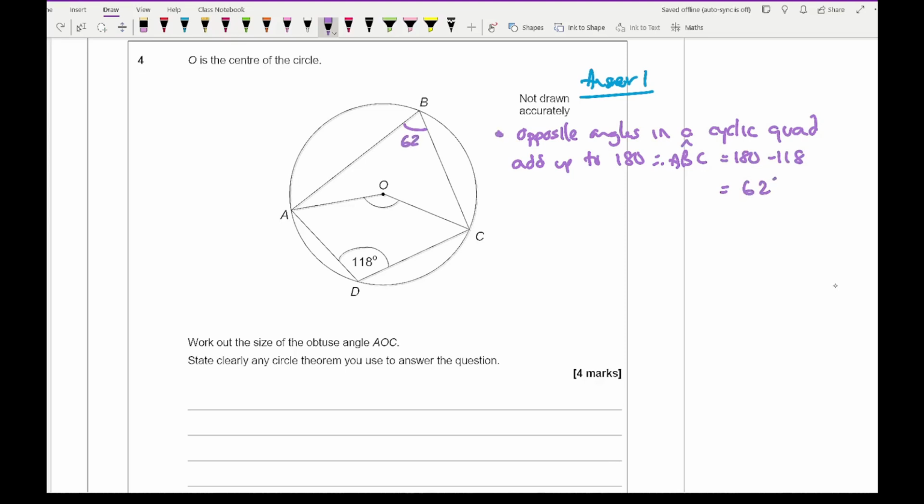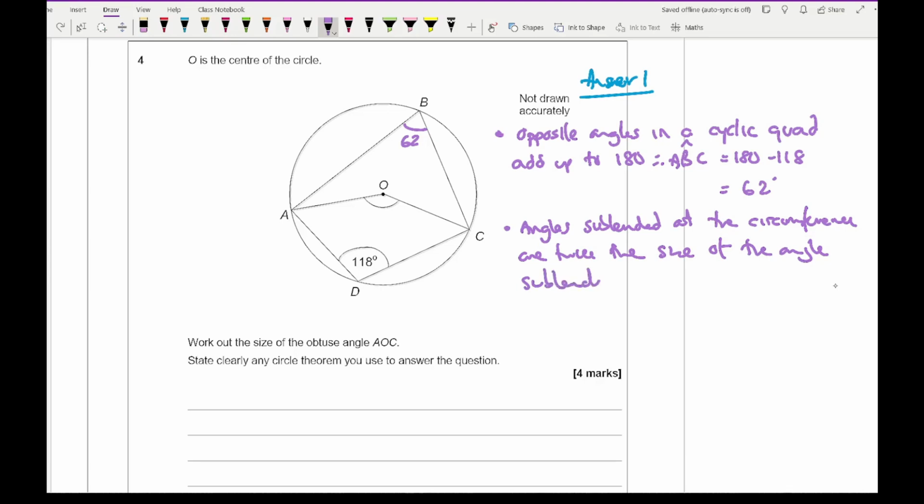So then I can then say that angles subtended at the circumference are twice the size of the angle subtended at the centre.